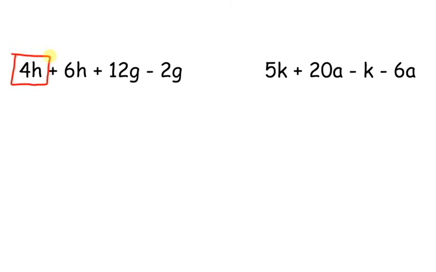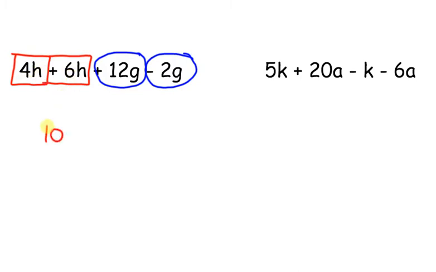So I have a 4h plus a 6h. And then I have a 12g minus 2g. Okay, so I'm going to work with my h's first. Ignore the h for a minute. What is 4 plus 6? 10. Now put the h back in.